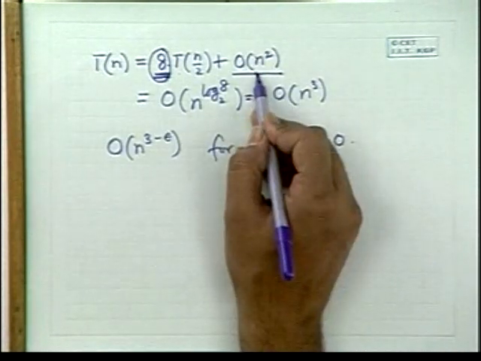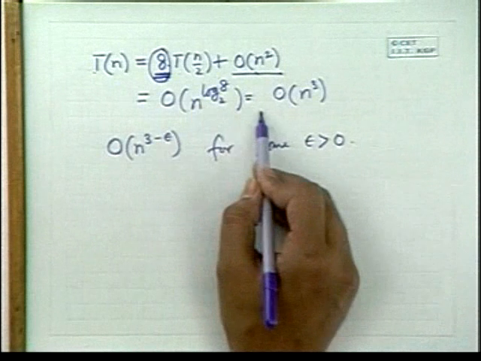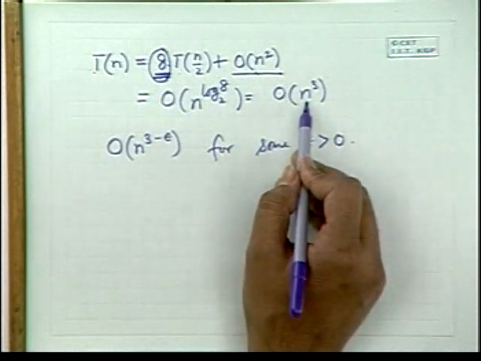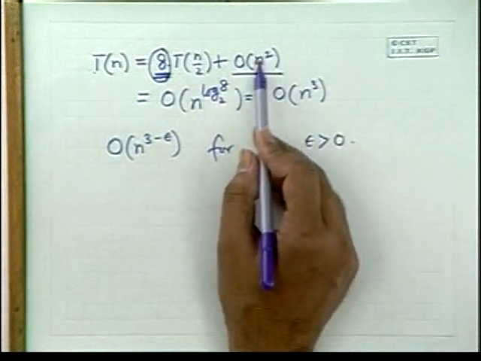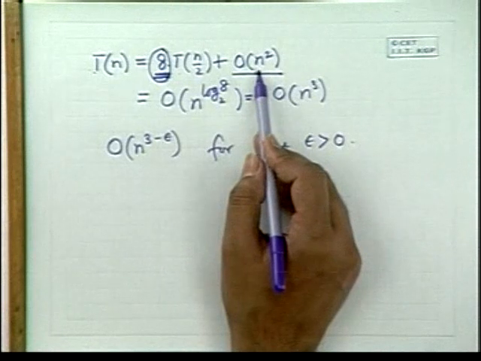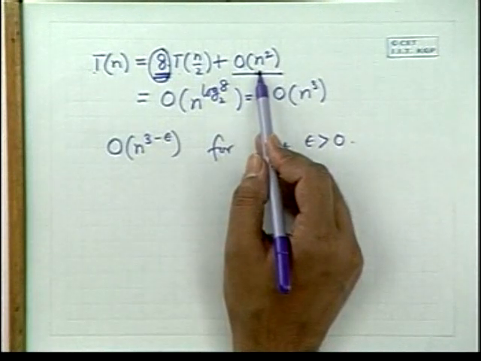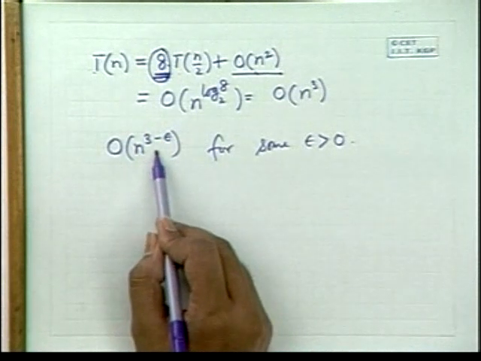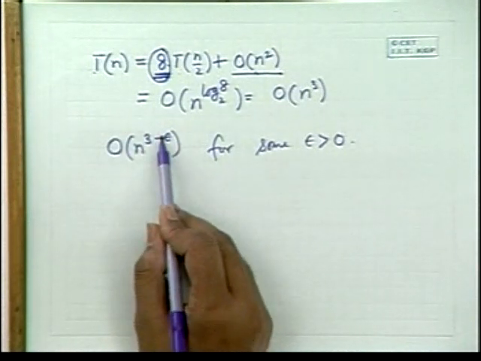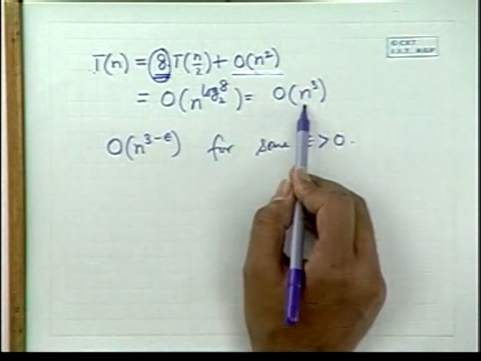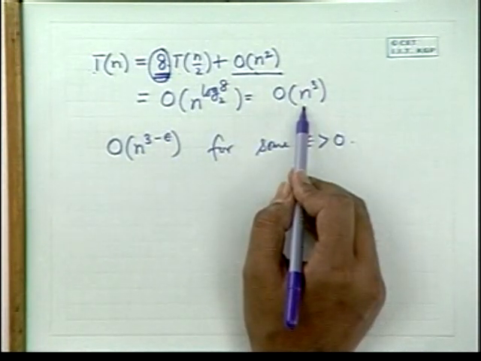Even if it is like that, this entire recurrence relation will still solve to order of n cube. So we have some leverage here. It need not be n square. If it is less than n cube by any small amount in the power, n to the power 3 minus epsilon, it will still solve to order of n cube.